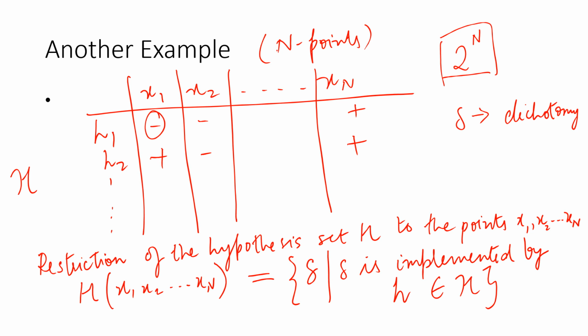So this is kind of giving us a restriction. Okay, so we can quantify the complexity of H on my data set x1, x2, and so on using this restriction notation. And rather, I can write the cardinality of this restriction, or the number of hypotheses based on how it relates to the data set, can be bounded by 2 to the n, right? So let me write it down.